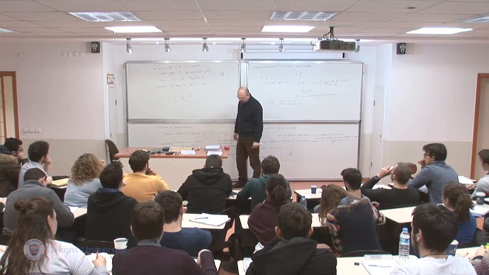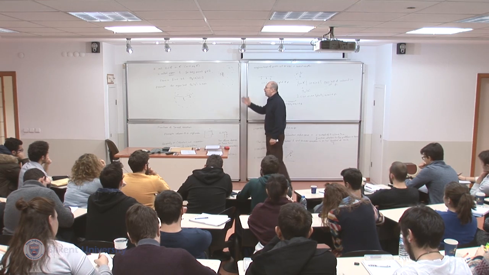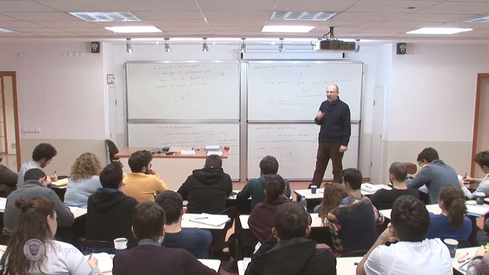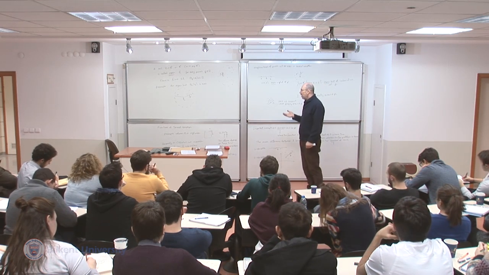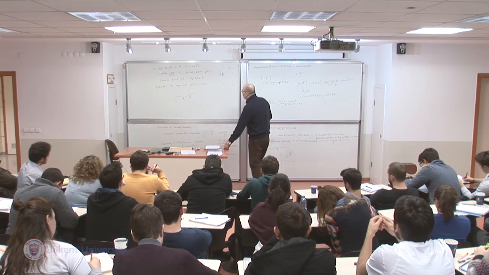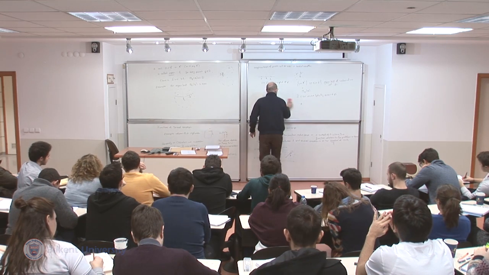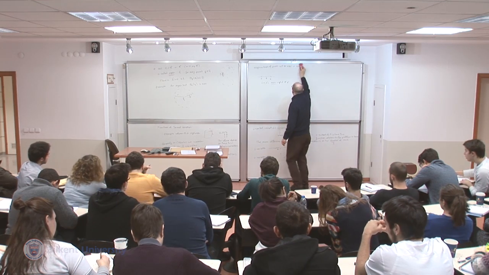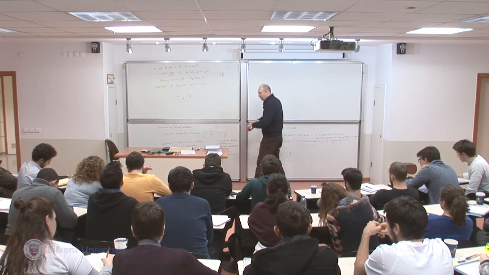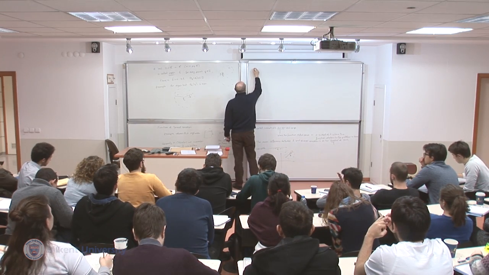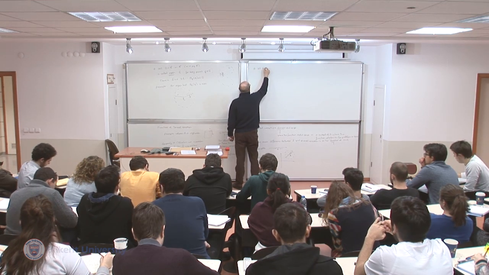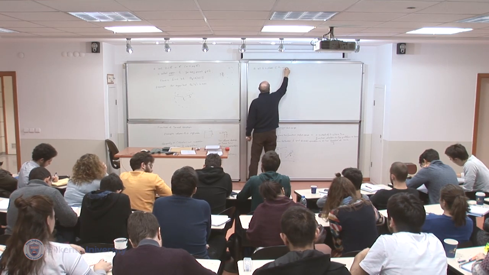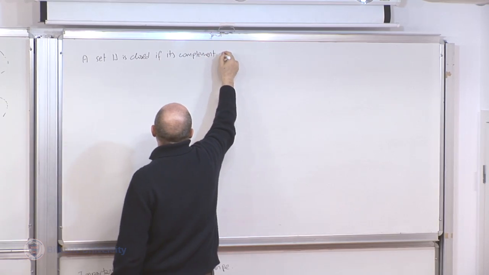I think we also need the word closed. Now the words open and closed in real life are opposite terms, but in mathematics they are not. A set can be neither open nor closed. So let's give a definition of closed. Basically, closed means that you take an open ball and then add all the boundary points. A set U is closed if its complement is open.